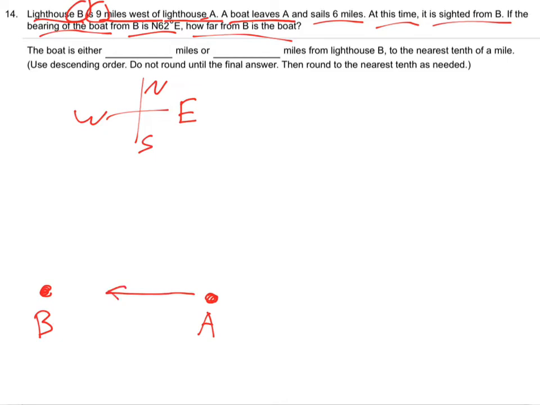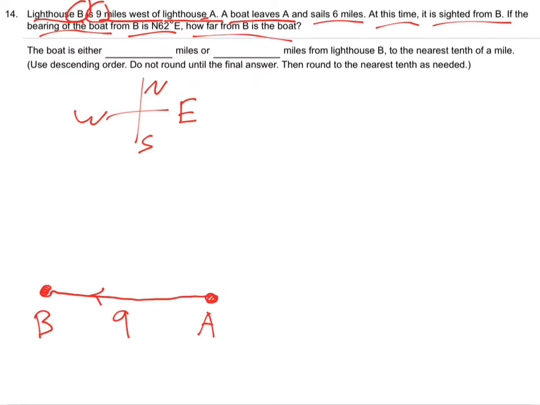Because B is directly to the west, 9 miles west. It doesn't say directly, but it must mean direct because it doesn't say northwest or southwest. It just says west. So that must be straight west 9 miles. B is west of A.